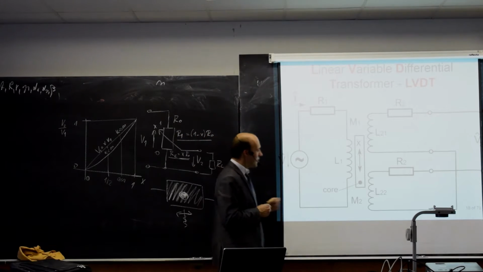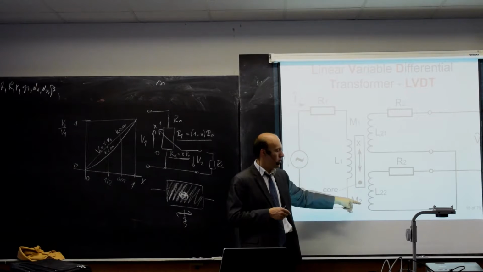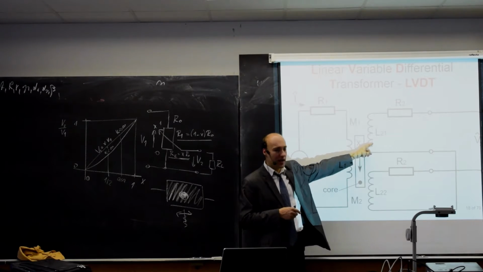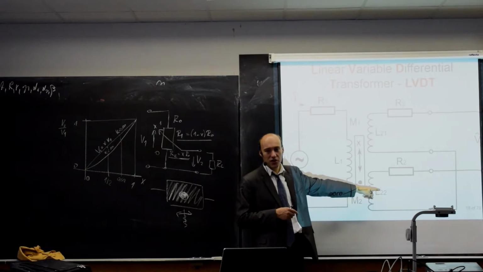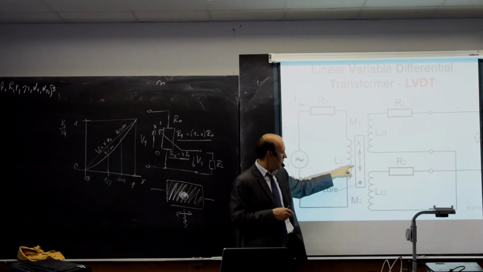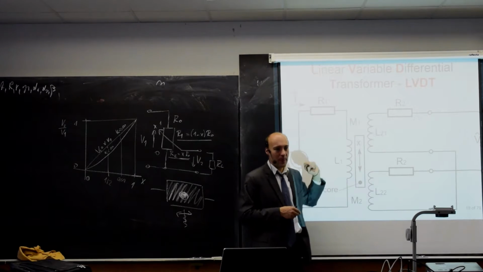Now if I move the core, in my case up and down, let's move it down first, I will decrease the induced voltage in this winding, and I will increase the voltage in this winding, because the magnetic flux will go through the core into this winding and not into this winding.